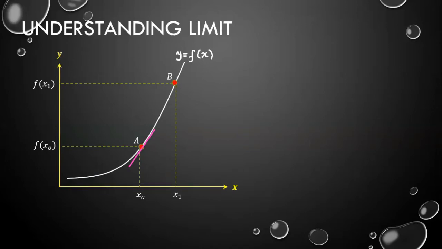So the coordinate of B is x1 and f(x1). f(x0) we sometimes call y0, and f(x1) we call y1. So f(x0) equals y0 and f(x1) equals y1. Actually, they are the same.